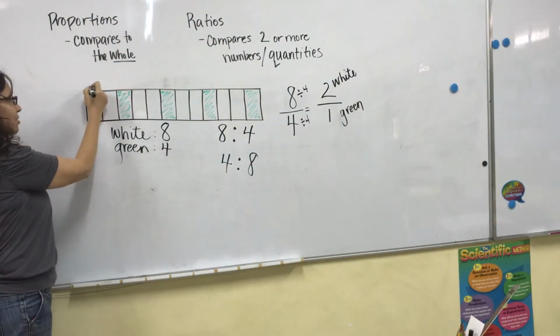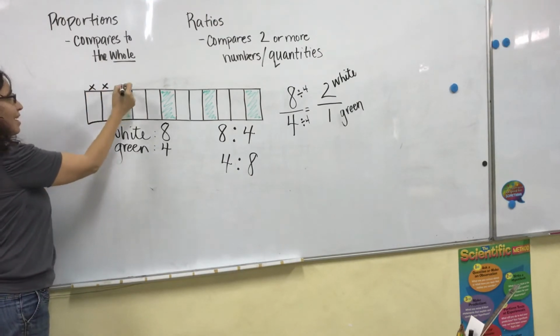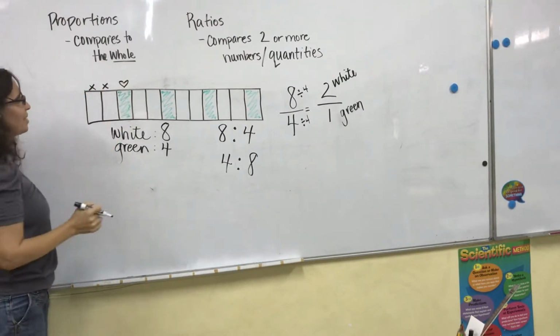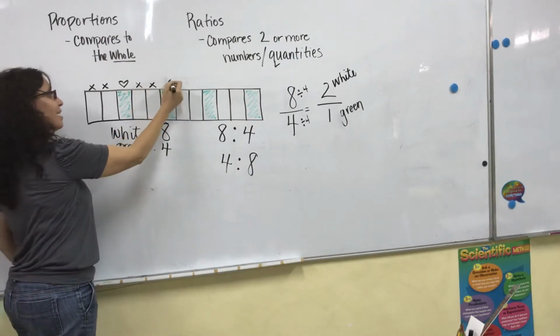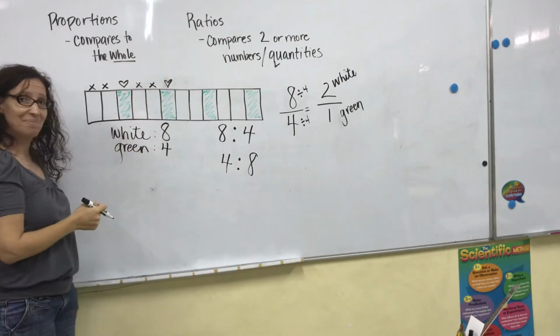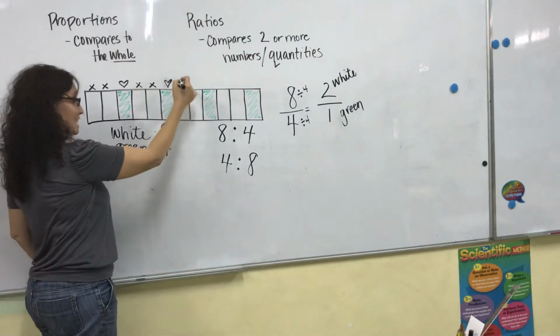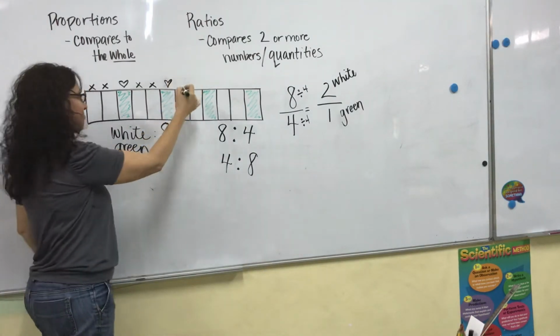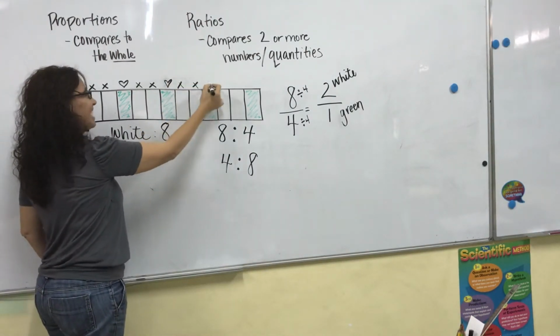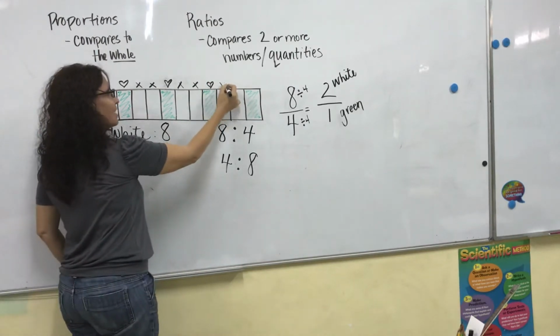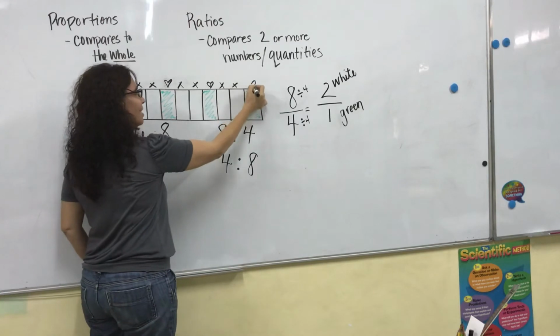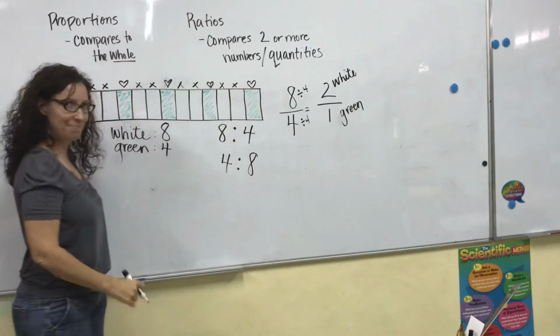Here I see 2 white ones, and then I see a green. And then I see 2 white, and then a green. Then 2 white, and then a green. Then 2 white, and then a green.